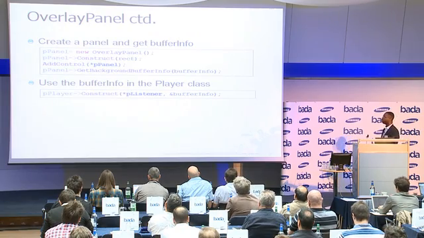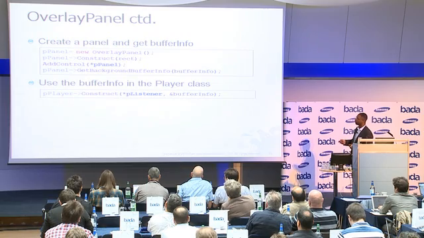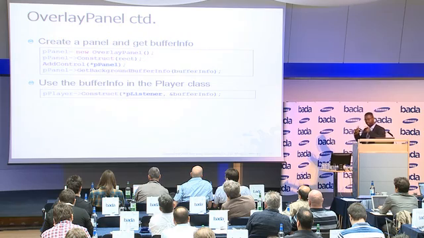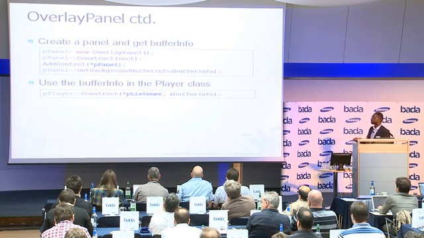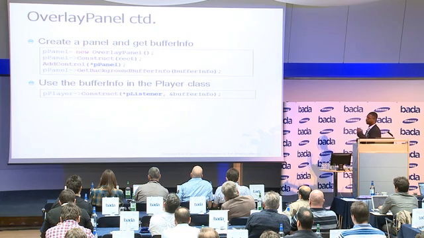Right, so this is how we can use an overlay panel. Here we see the creation of an overlay panel instance, and we construct with a rectangle object which defines the size, the viewport of the panel. We can then add control of that panel to a form. The panel itself is a control which we add to a container, the form.